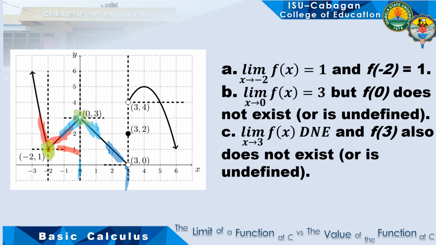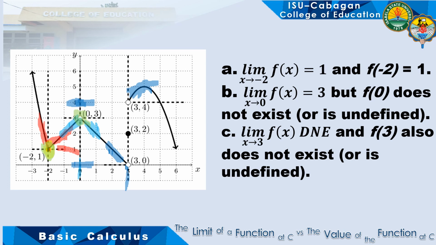On the right side, habang ina-approach si x from the right side of 3, ang value ni y ay 4. So, dito, we have two values which is 0 at saka 4.